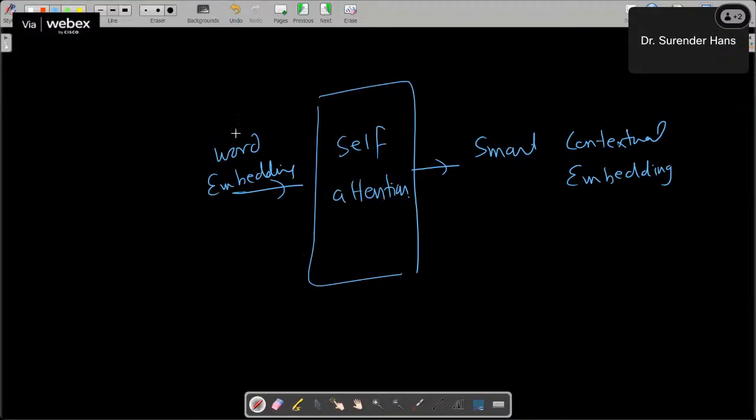Let's say this one is the self attention model. This is an input, this is an input, and this one is also an input.